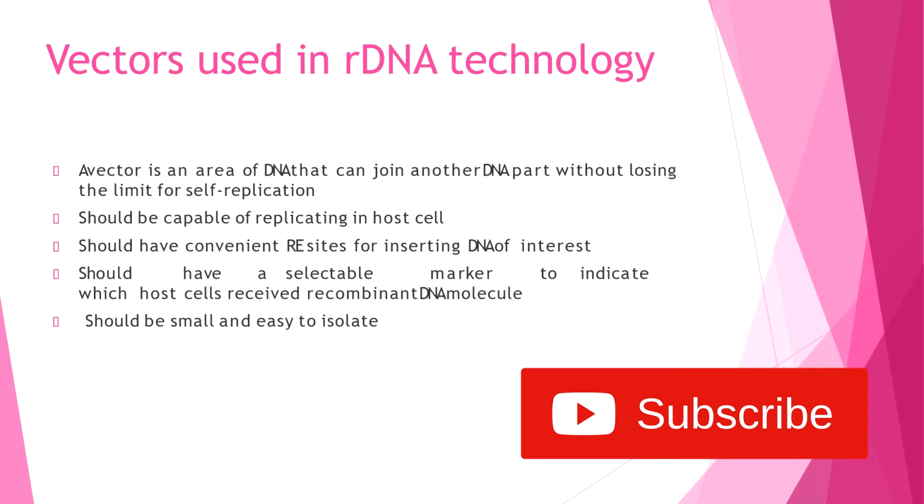It is known as the selection process because we don't know which cells are transformed or non-transformed. So in order to select the transformants from the non-transformants, we use certain selectable markers. Usually we use antibiotic resistance genes as the selectable marker. Another characteristic of a vector is that it should be small and easy to isolate.